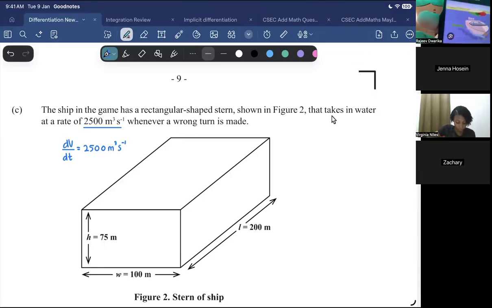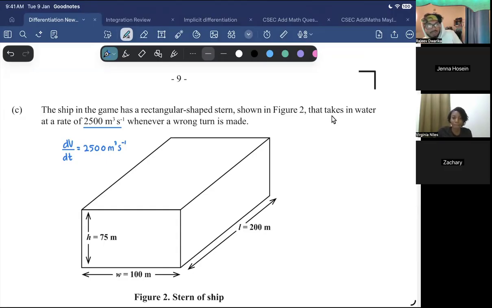Interesting. Watch. So the stern is the back. I presume if a wrong turn is made, water gets in. That's what I meant by splash. Long story short, if it takes a wrong turn, water starts to fill it.